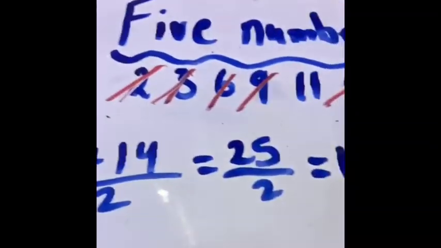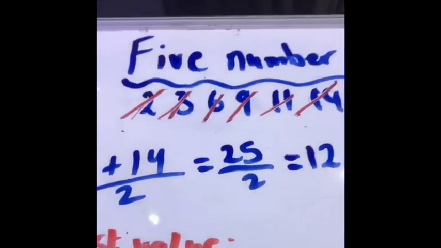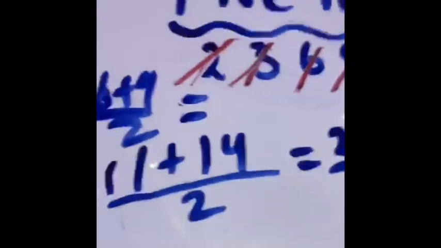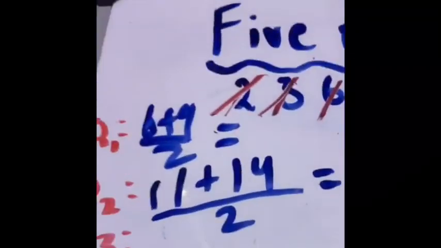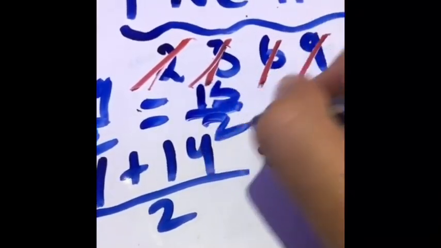We remove 3, we remove 11. Now we are between 6 and 9. So again, we take their average. So Q1 is 6 plus 9 over 2, which is equal to 15 over 2, which is equal to 7.5.